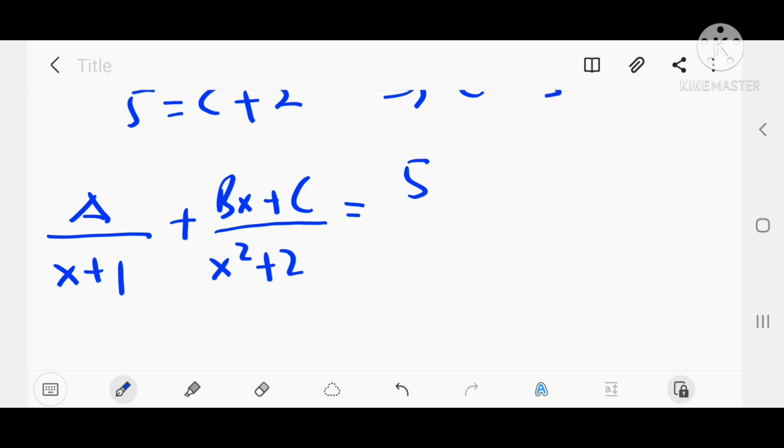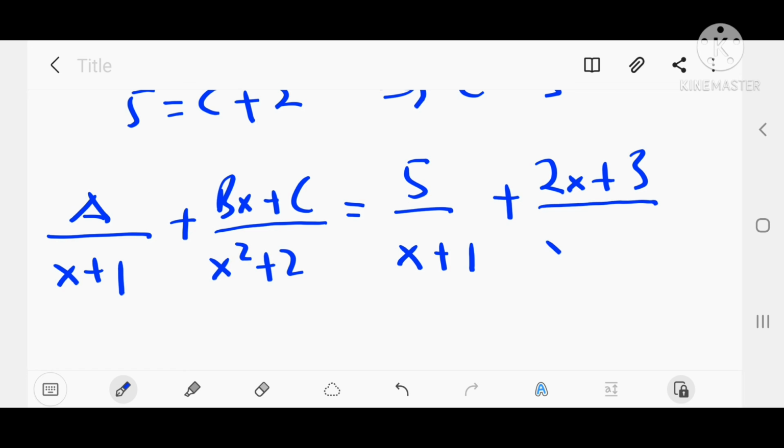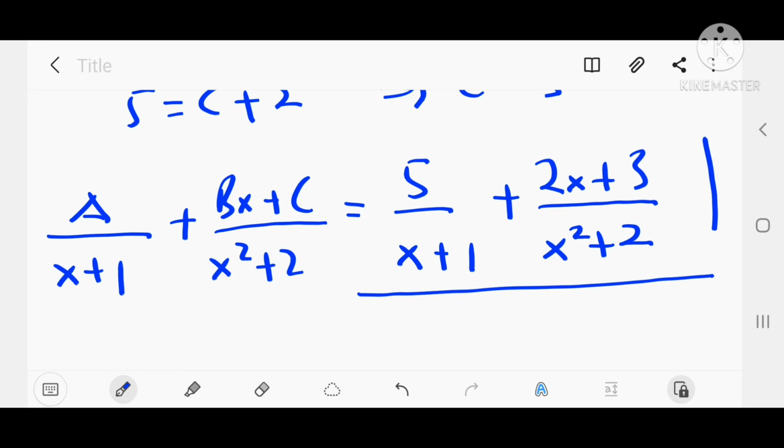So 5 on x plus 1 plus 2x plus 3 on x squared plus 2. So this is the partial fraction for the expression given to us above.